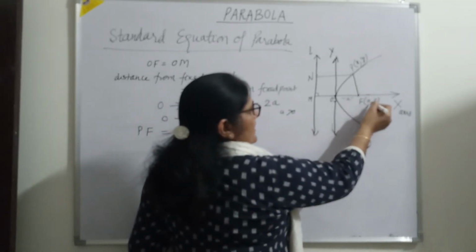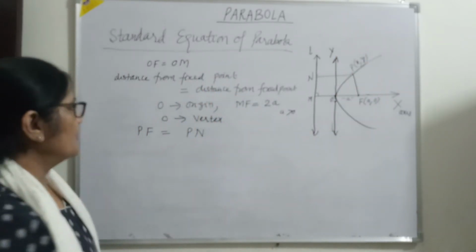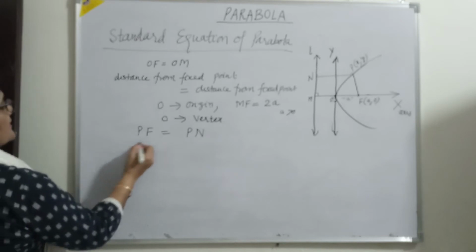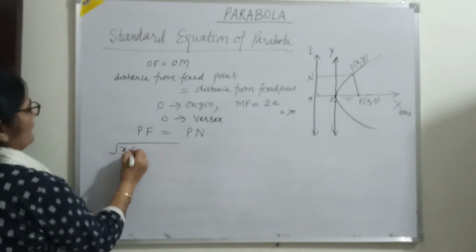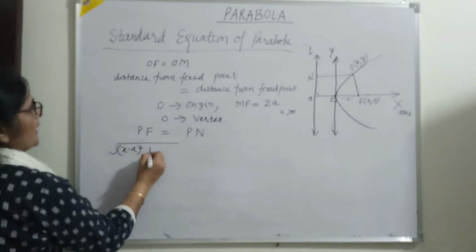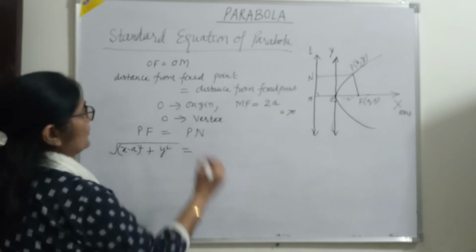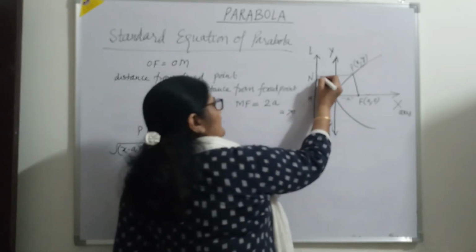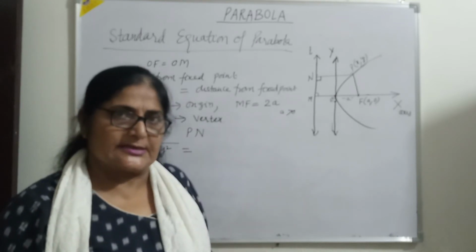Now PF. The coordinates of F are (a, 0) and the coordinates of P are (x, y). By the distance formula, PF is the square root of (x minus a) whole squared plus (y minus 0) squared. Now PN is the distance from the line, which means perpendicular distance.